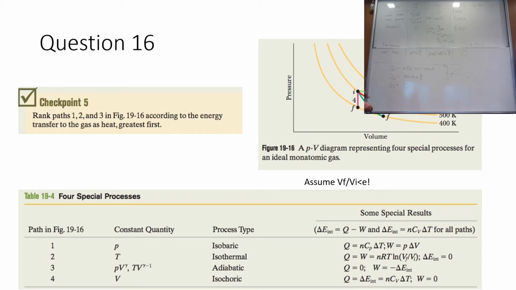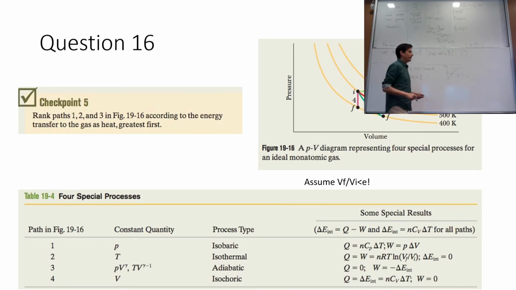It kind of depends on whether this factor is bigger than 1 or less than 1. So this one becomes 1 when this is e, right? e is 2.7. So I'm not sure if there's actually enough information there.